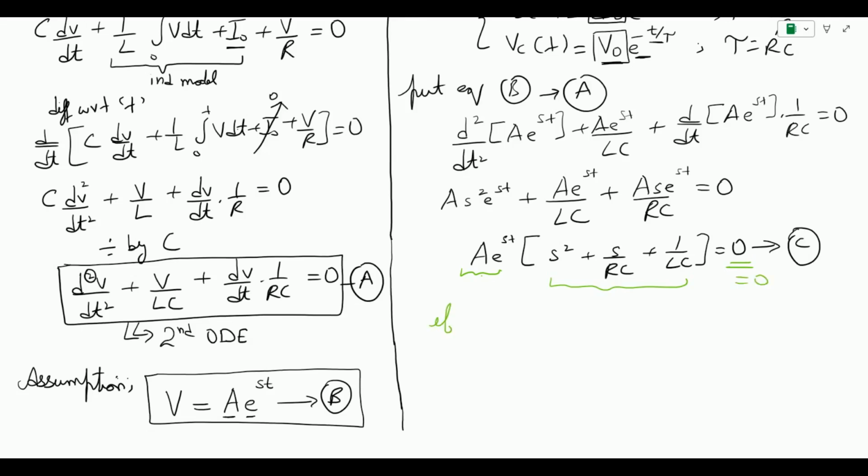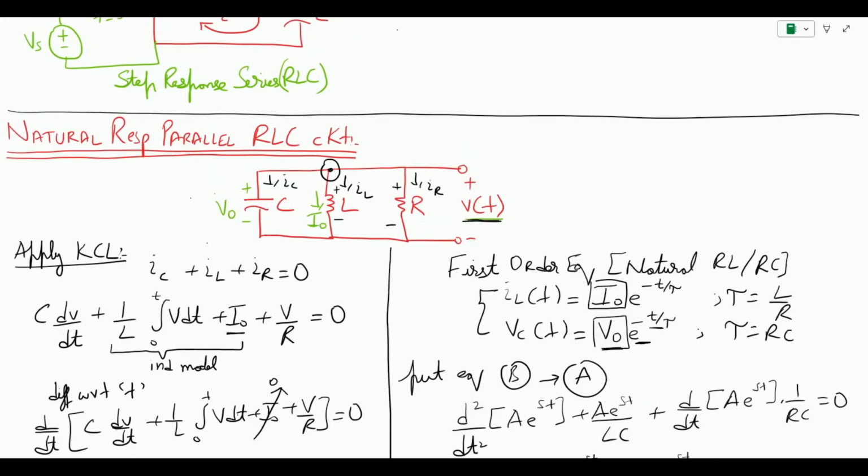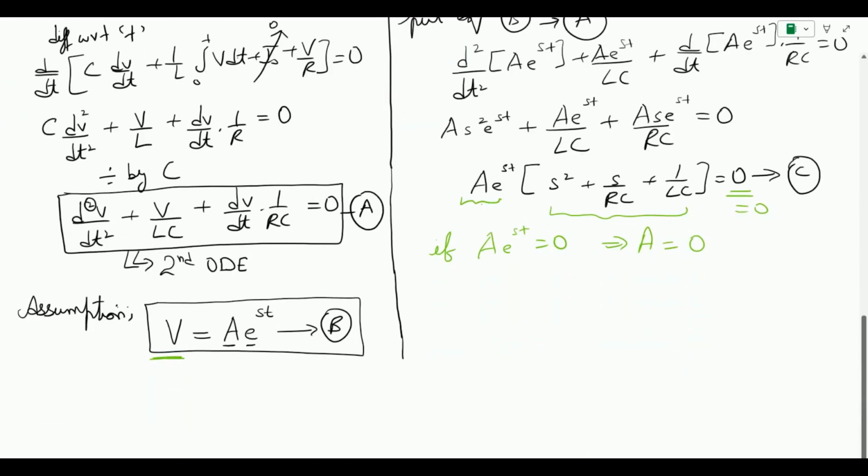If we take A e raised to the power s t equal to 0, then this means that A should be equal to 0. But if A equals 0, then our assumption becomes 0, since the voltage will become 0, and we have assumed that initially there is a voltage appearing across the capacitor. So our assumption of taking A equal to 0 is not correct. So A will not be equal to 0.